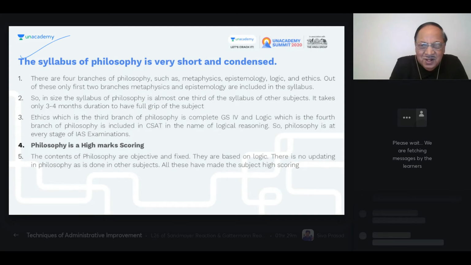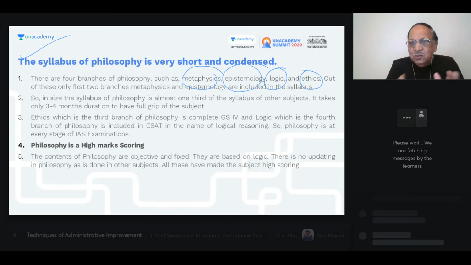How? Look, there are four branches of philosophy: metaphysics, epistemology, logic, and ethics. There are four branches of philosophy, and you will be surprised to know that only two branches, metaphysics and epistemology, and not even in full, rather in part, these two branches are included in your syllabus.